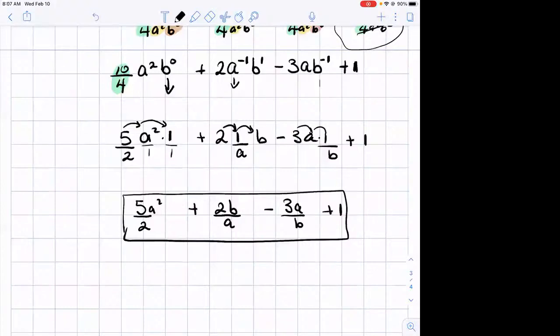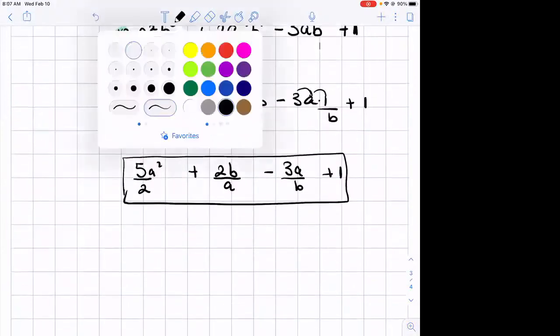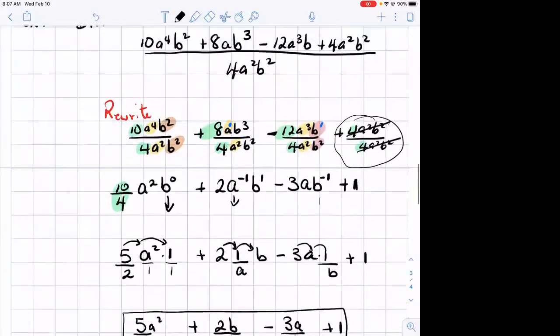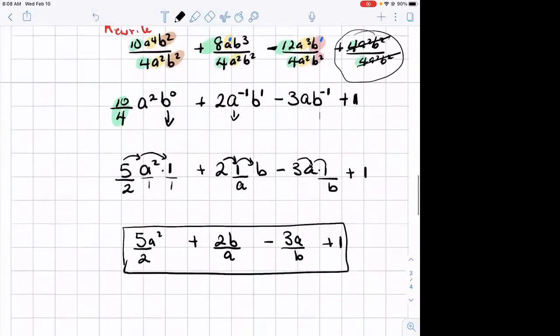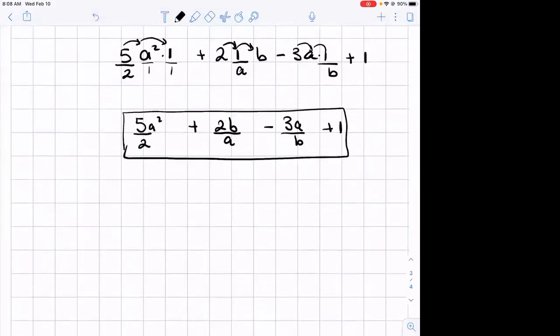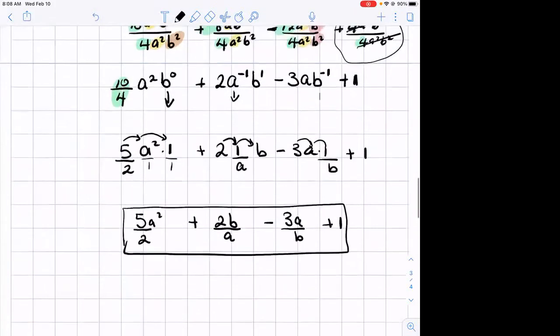So I just want to point out to you here that the final answer, although you're dividing polynomials, the final answer is not a polynomial, right? So this is not a polynomial because, and you will probably see it from this step here, the final answer is not a polynomial because remember that polynomials must only have positive powers.